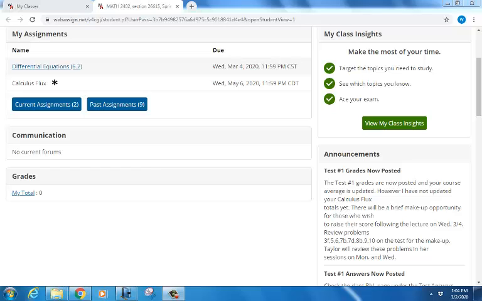The makeup points you get will be determined by what your original test grade was, and of course how many points you earned on the makeup test, right? And so if your test grade was high, then you're not going to have a lot of points added to your score. But if your test was low and you do well on the makeup, then you can have maybe a lot of points added to your score, right?